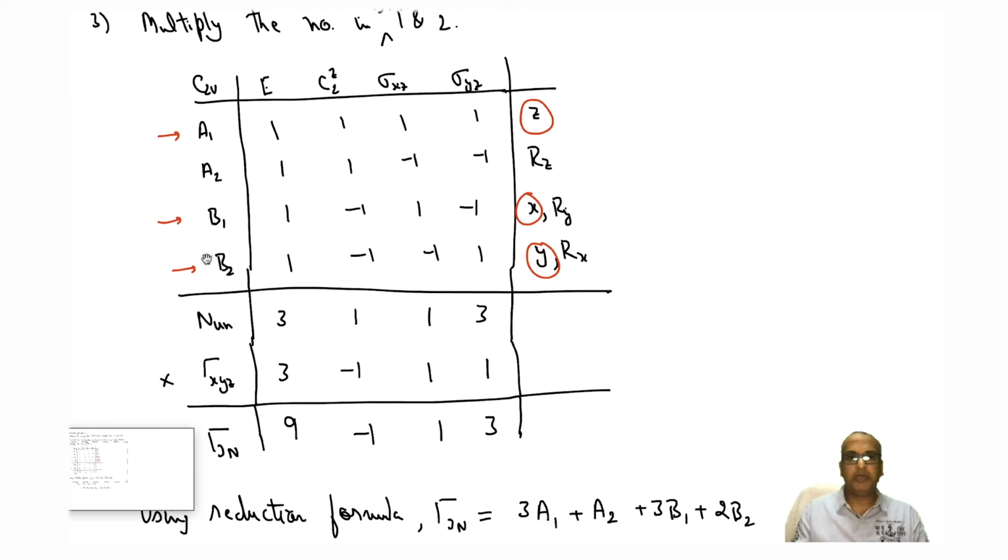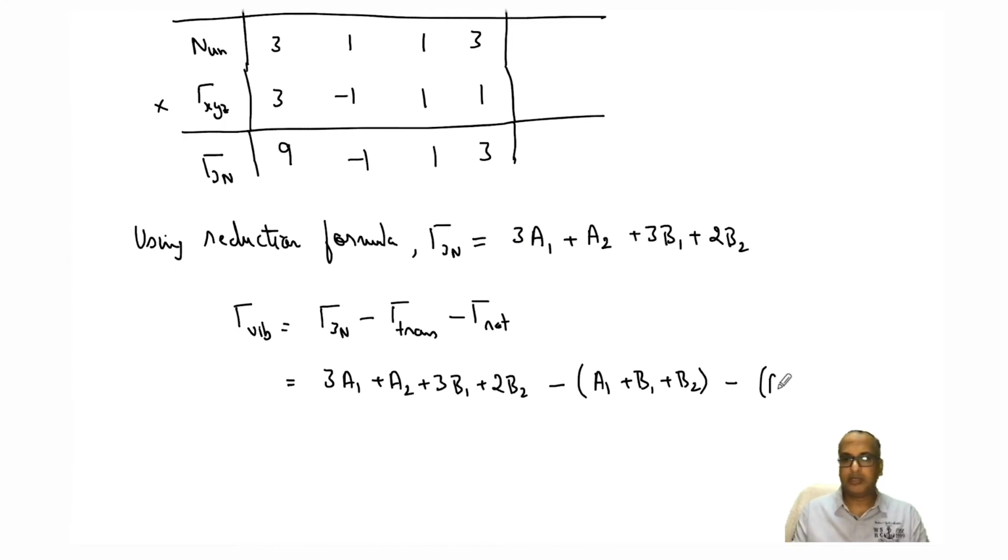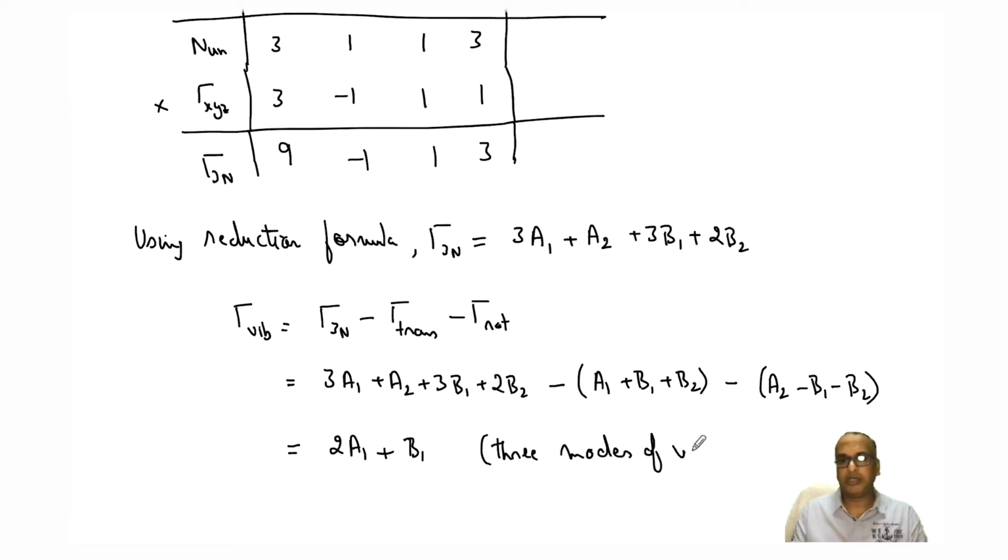So that will be A2, B1, B2. Now do this simple maths and what you will get is 2A1 plus B1. So this tells you that there are 3 modes of vibration. And if you actually record the vibrational spectrum of water, you will get 3 vibrational modes.